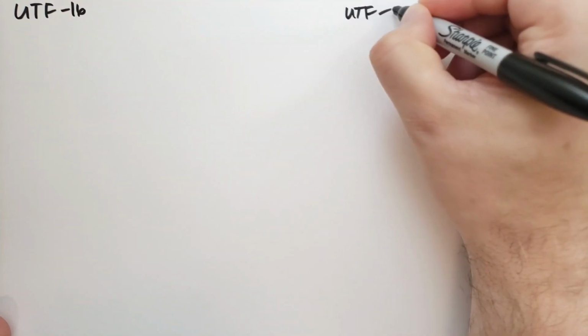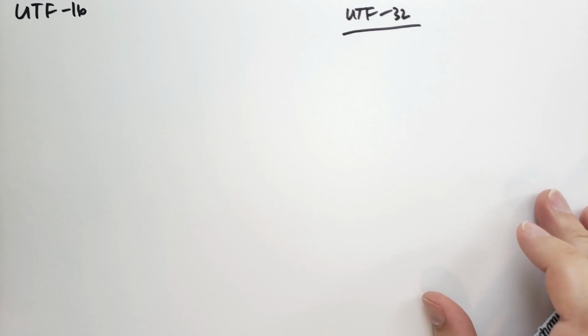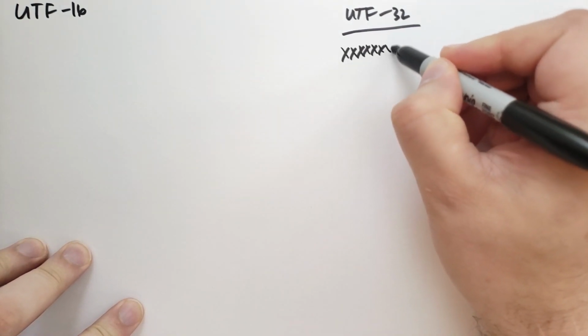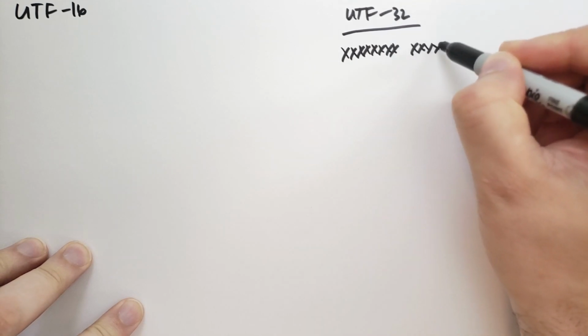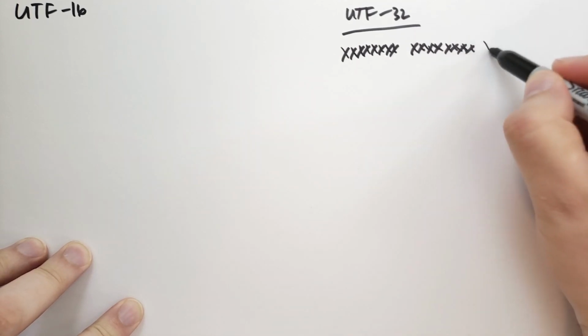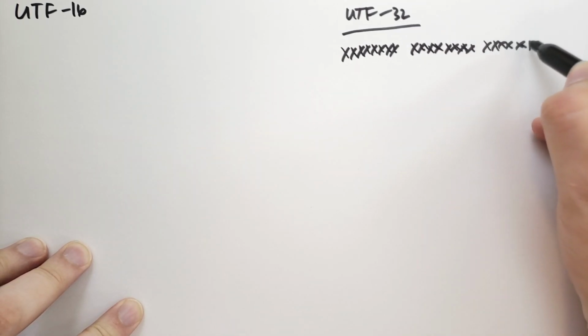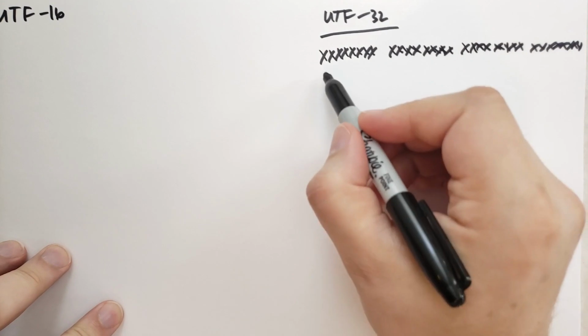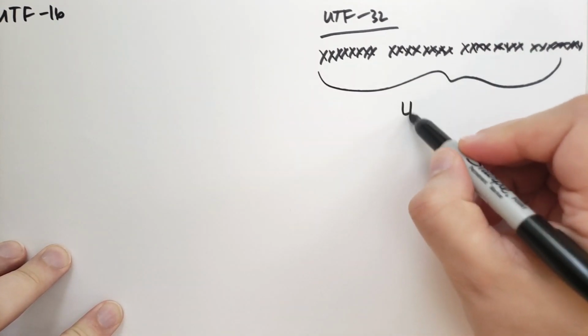Okay, I'm going to briefly mention UTF-16 and UTF-32. UTF-32 says, hey, we're just going to use 4 bytes, 32 bits, for every Unicode code point.